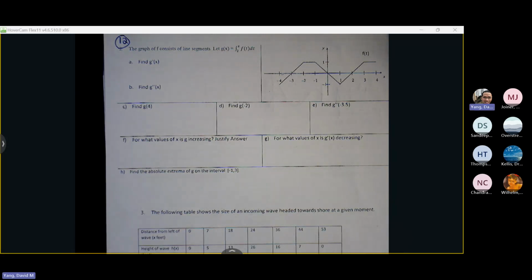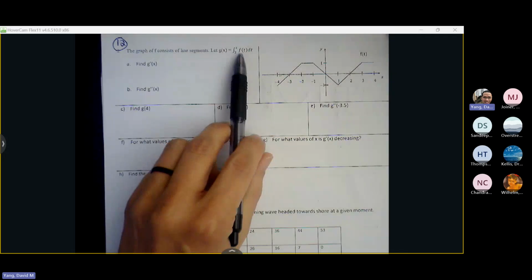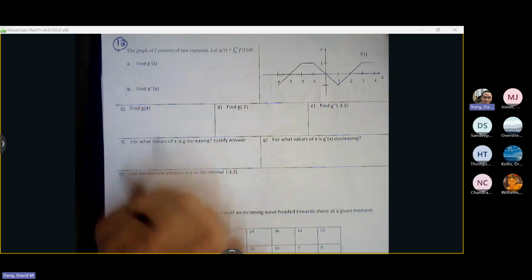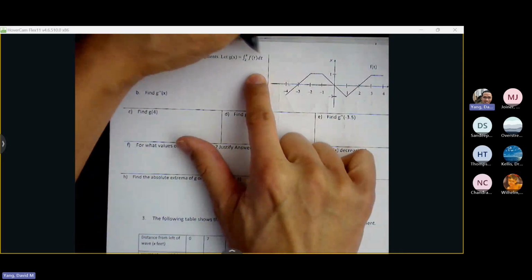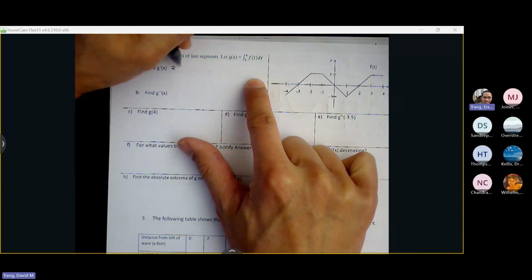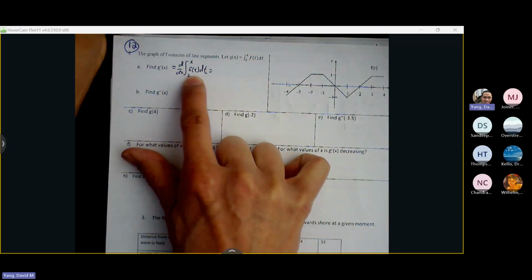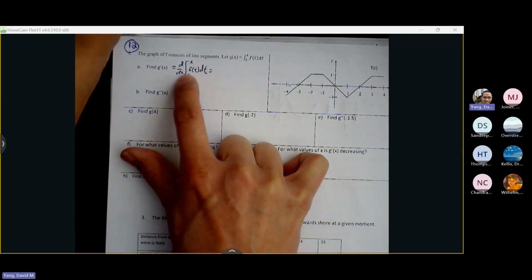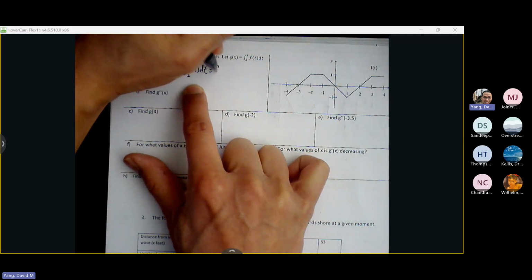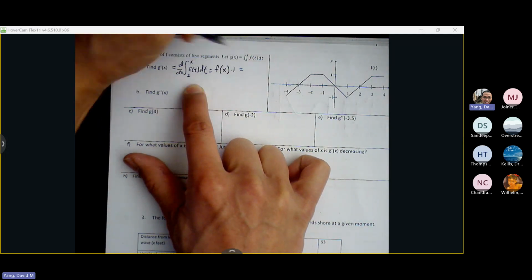So right now, F is sitting at a level above G. If we want to find G prime, then G prime is simply asking for the derivative of this notation. Which second theorem is just going to drag this level down to f of x times 1, which is just f of x.